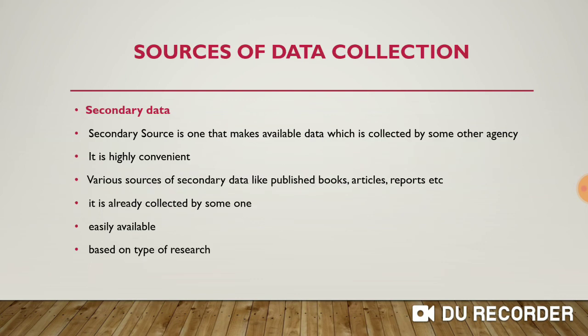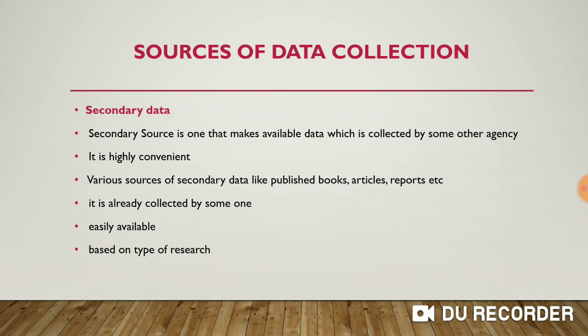The next source of data collection is called secondary data. Secondary data is data which is collected by some other agency and made available, and normally it is highly convenient and very easily available to the researcher.